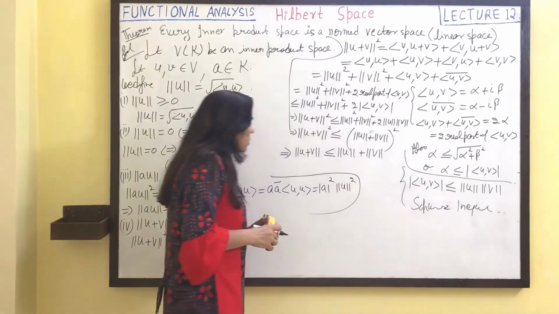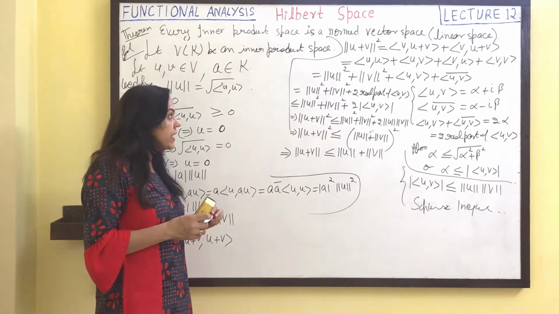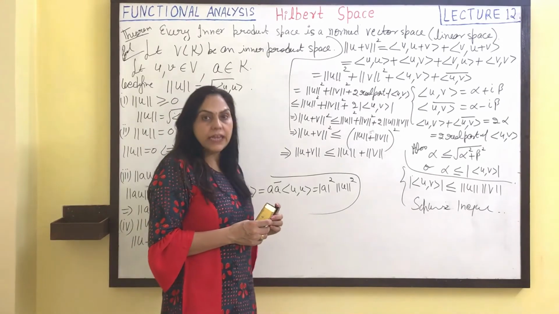So the fourth property is also satisfied. So we can say that V is a normed linear space.